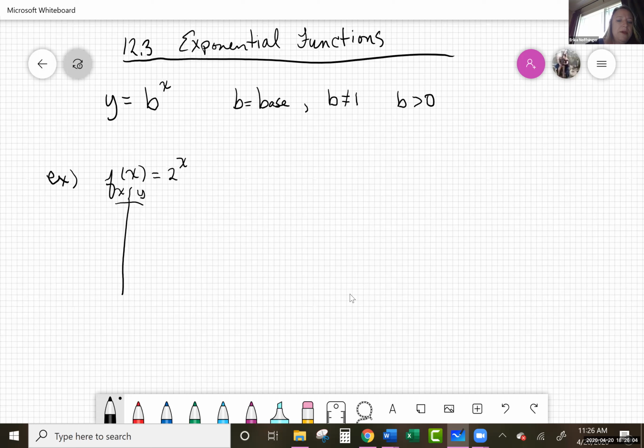And so let's say we plugged in 0 for x. So that would be saying that this is 2 raised to the 0 power. Anything raised to the 0 power is 1. So I get back 1 for y. May as well just plot it while we're doing this. So when x was 0, we got back 1 for y.